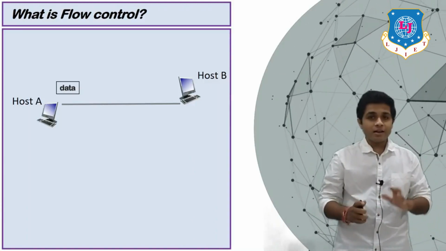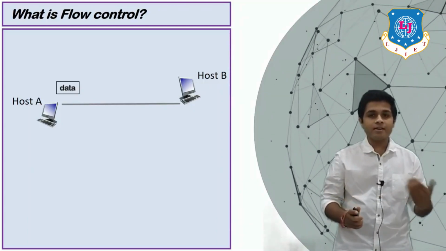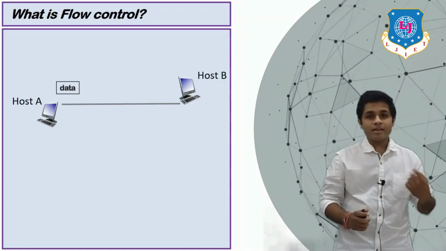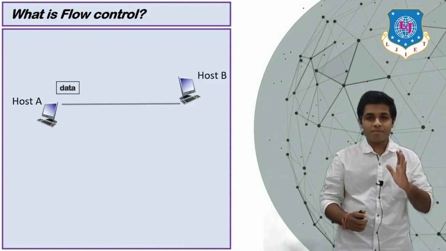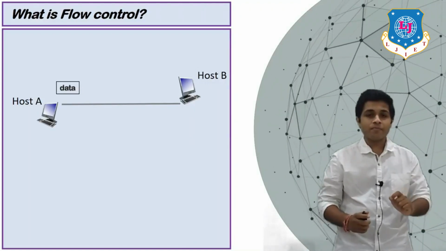In the internet there are lots of devices connected and they have different sending and receiving rates. So if a server is sending data at a very high rate, in that case there will be miscommunication and it will create a problem in the network.